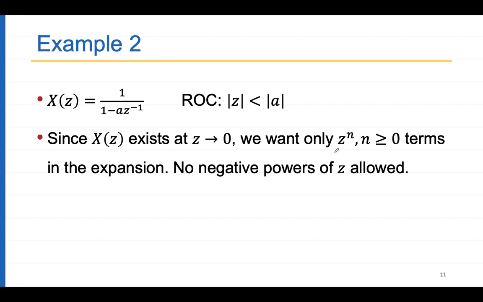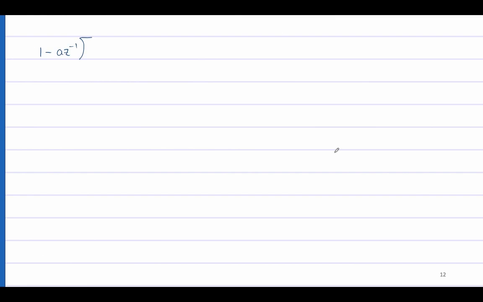Now I have to carry out this long division in such a way that I do not get any negative powers of z. And anyway, this is a left-sided sequence. So let's see the division now. You have to divide 1 by 1 minus az inverse, keeping in mind that only positive powers of z are allowed.